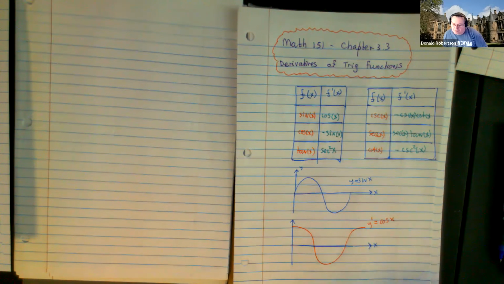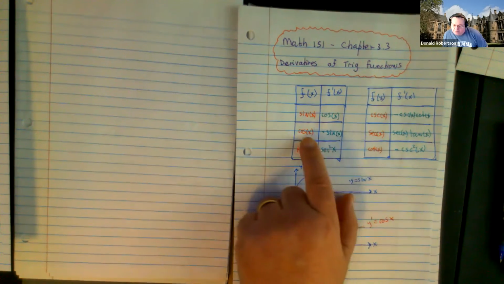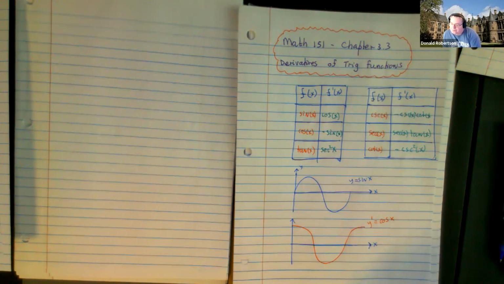So here's a way to remember. If the original starts with a C, the answer is negative. Right? So if I'm going to differentiate a cosecant, I know it's negative something. If I'm going to differentiate a cosine, it's negative something.